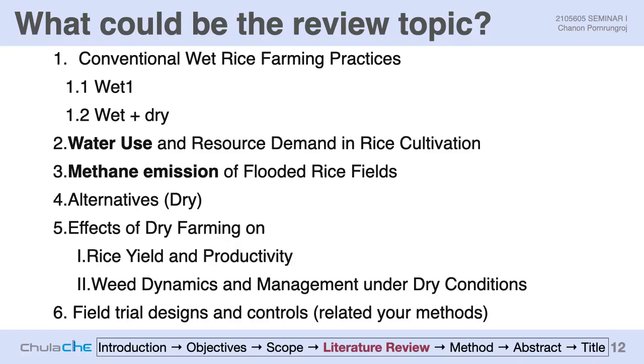What are the alternatives? What are the gaps, right? The effect of dry farming, the rice yield and productivity, decrease or increase. The weed dynamics, how the weeds are doing when you don't flood your rice farm, right?